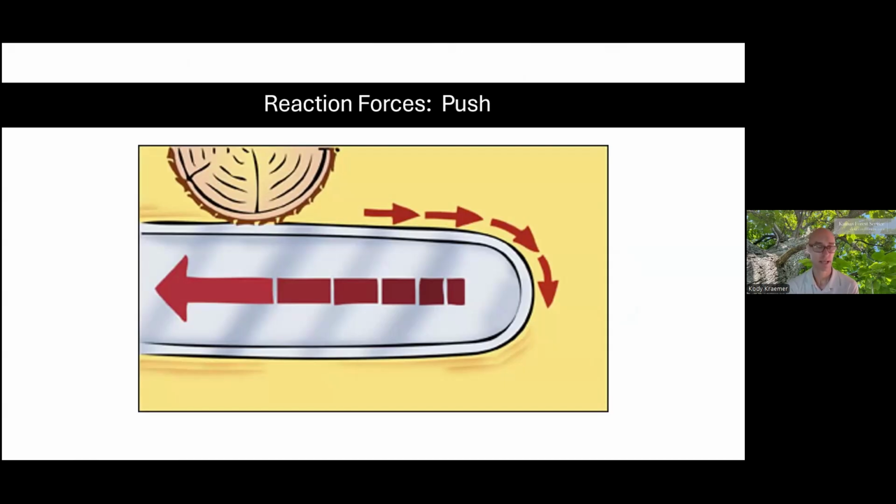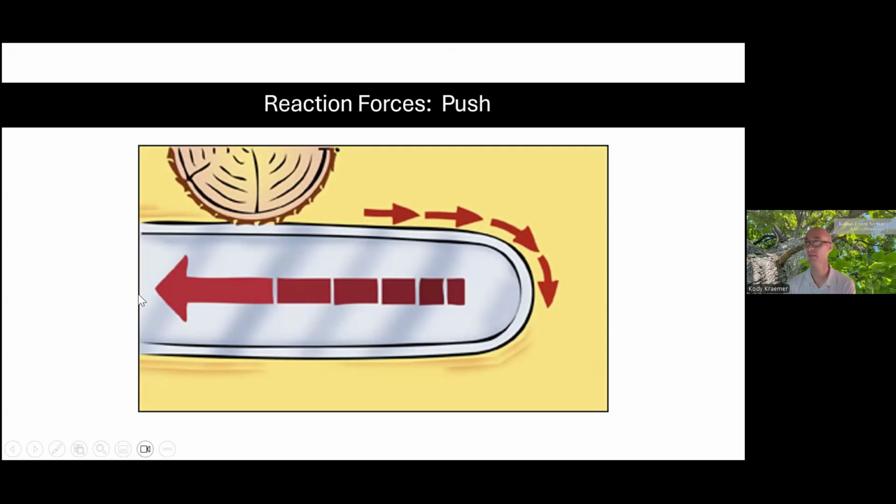And if we think about that in tens of thousands of revolutions per minute, there's a lot of forces acting upon that system. And push occurs when you're using the top part of the bar, and it's just the reactive force that pushes the power head back towards you.